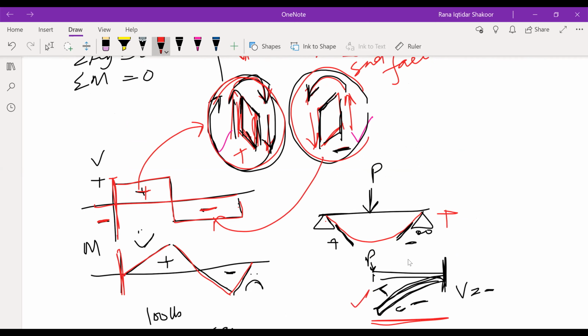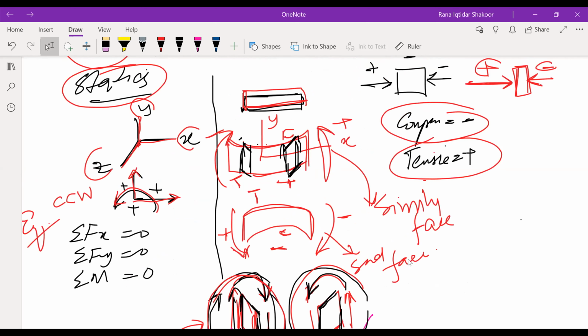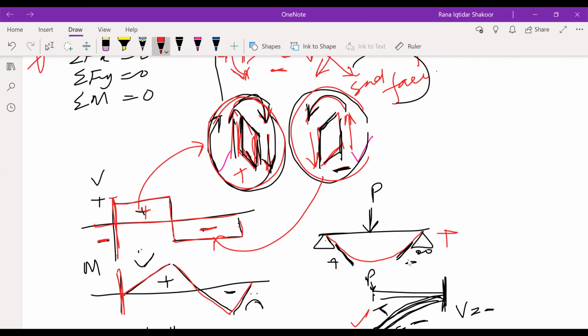And as far as moment is concerned, we know that positive moment is always a smiley face, and negative is always the sad face. So whenever you have this sort of situation, you can say that this positive part is always creating a smiley face, right?